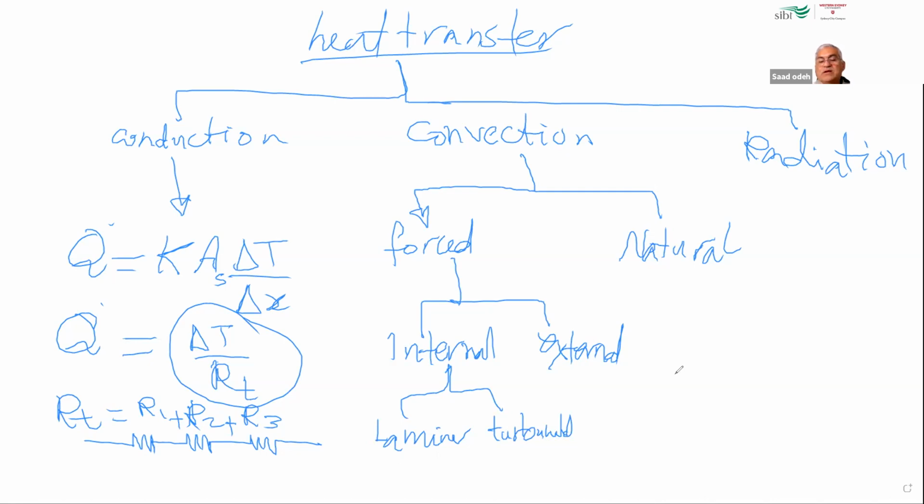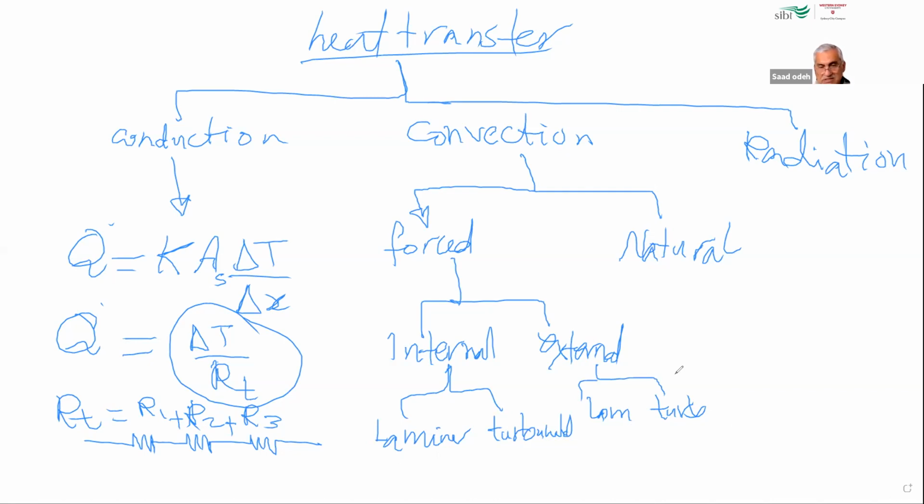The type of flow will affect the equation that you're going to use from the tables. Same thing for external: is it laminar or turbulent? From that, you can go to the tables and find the right formula to use.